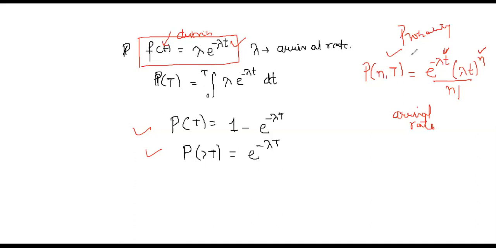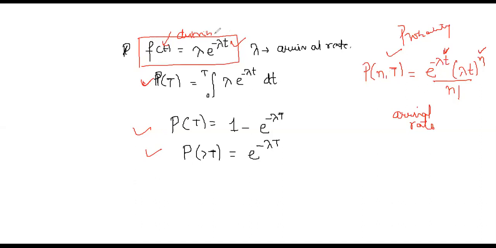But this thing here is the probability itself: what is the probability of n arrivals in the time t? This gives us the probability. But this is the probability density function, and to get any kind of probability from it, we have to calculate its integral. This means the probability, but this means the probability density. So I hope this is clear to you.